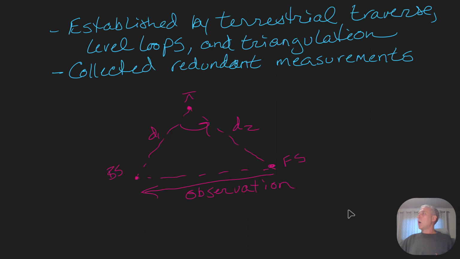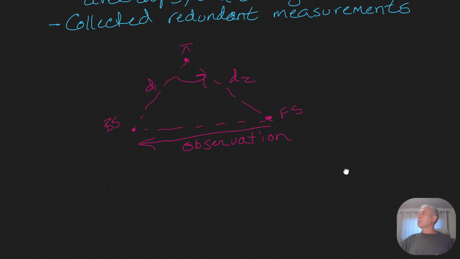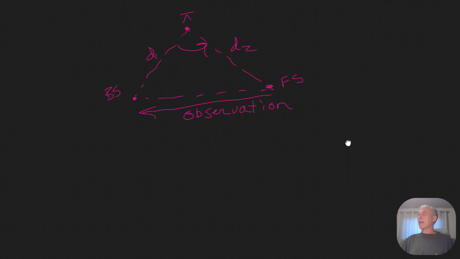And in the layout of NAD 27, they had a strict set of guidelines requiring them to collect so many redundant measurements within a network.